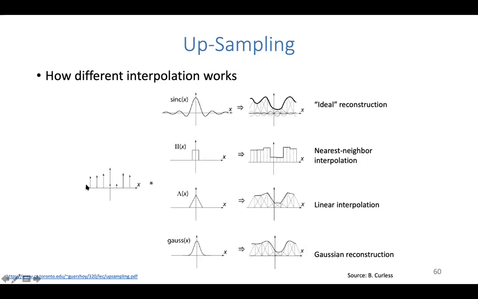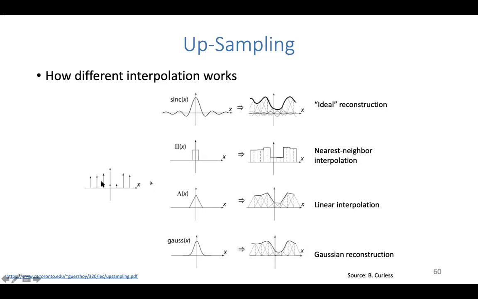It's one-dimensional data, so all you have is your x-axis, and at each location you have a height. Here you know the height is this, and here, and here, and you want to upsample it.